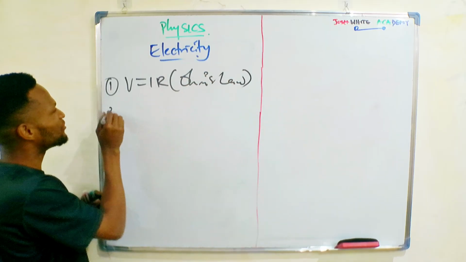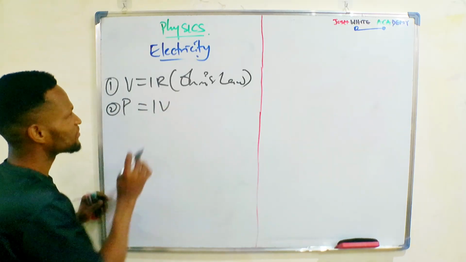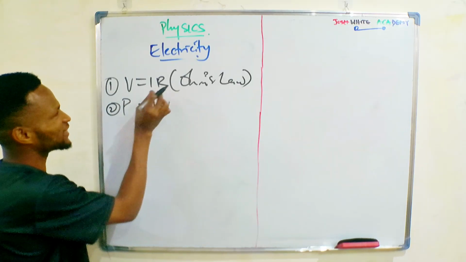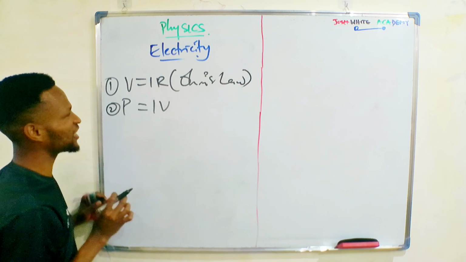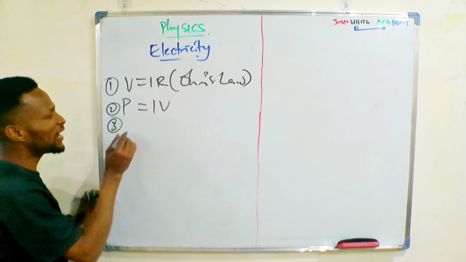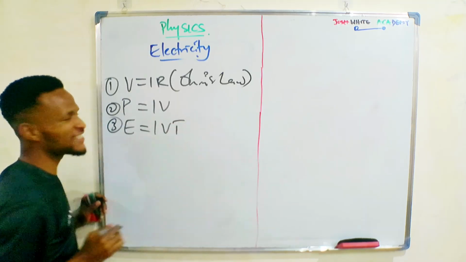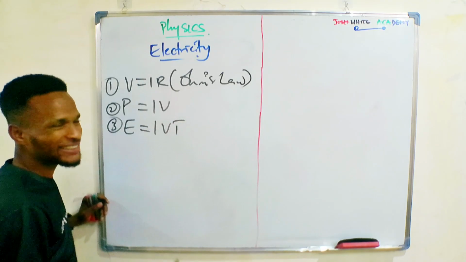We also have power equals IV. Current is I, resistance is R, V is voltage or potential difference, P is power. We have energy is IVT or I squared RT.